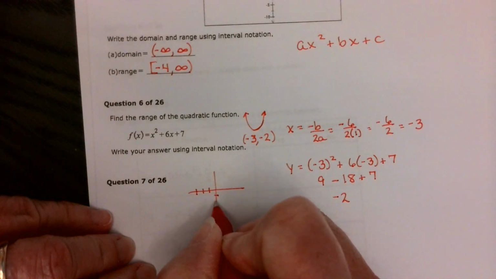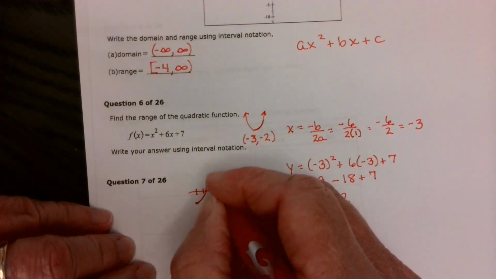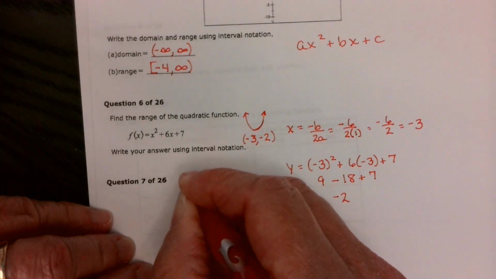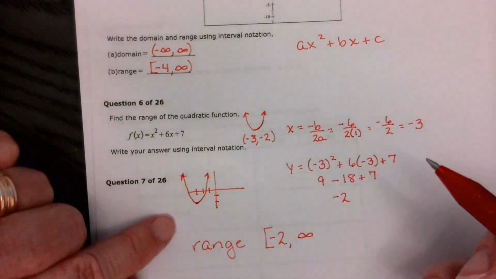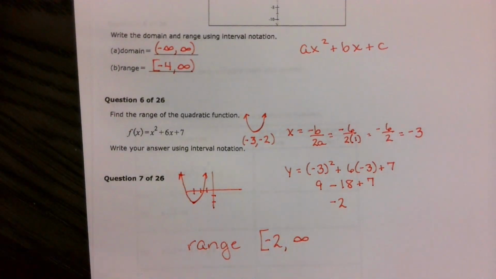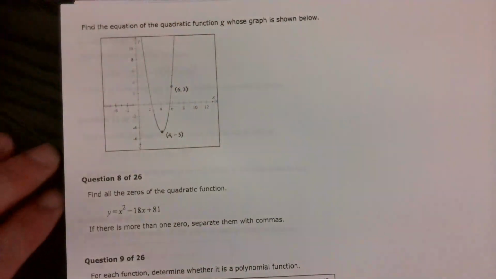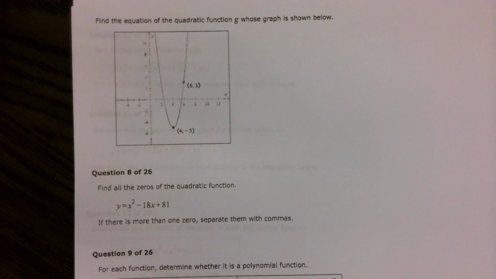Negative 3, negative 2, so it'd be somewhere right here, and it would go like this. I don't really know what the rest of the graph looks like, but I don't care because I'm just worrying about my y values. And I know you'll have one like this on your test.